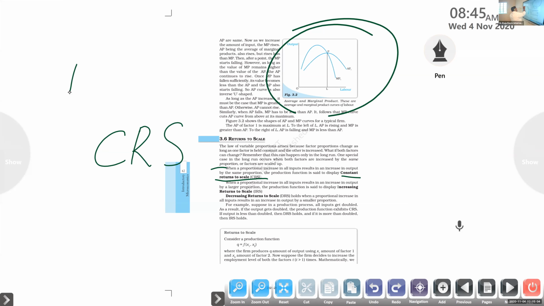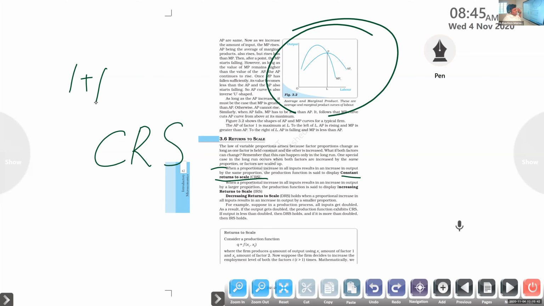If you are increasing one labor plus one capital, the result also is as per the proportion of the input. If you are doubling the input, the output also will double. Clear or not? So output is always equal to the input. Keep that in your mind.